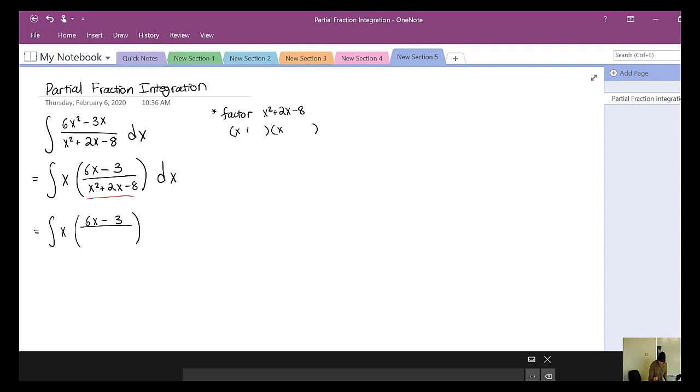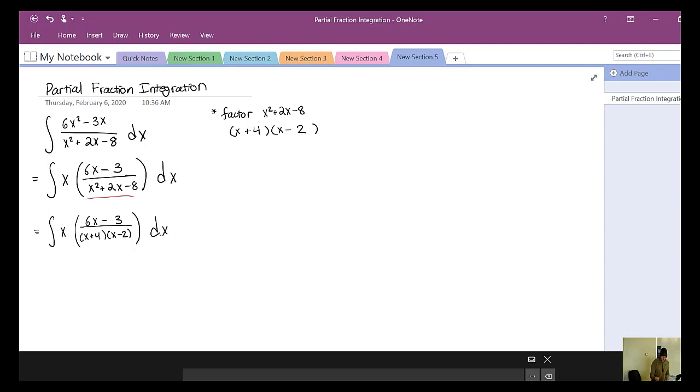Does anyone know the factors of this polynomial? X minus 2 and x plus 4. I believe it'd be plus 4. Right, okay. Cool, so now we have a fraction that we can do partial fractions on.